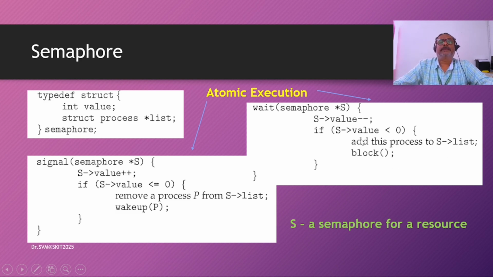All these operations at the processor level need many operations to be done, and we don't want the process to be stopped midway and some other process to start continuing. Therefore, all the instructions in the wait are either totally executed or totally not executed, so that is an atomic action. Same thing with the signal. Both these operations are atomic in nature.